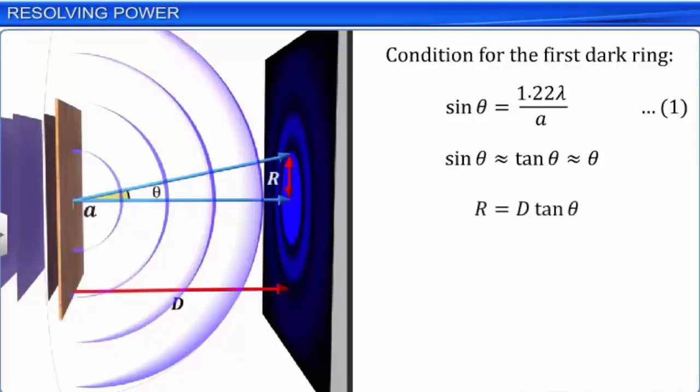Using equation 1, we can rewrite this equation as r is equal to 1.22 lambda d by A. Let this be equation 2. The diffraction of light by a circular aperture is of great practical importance.